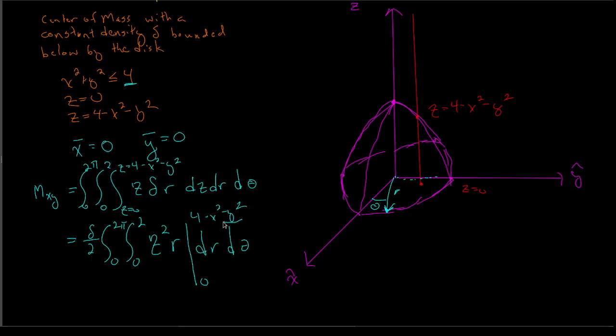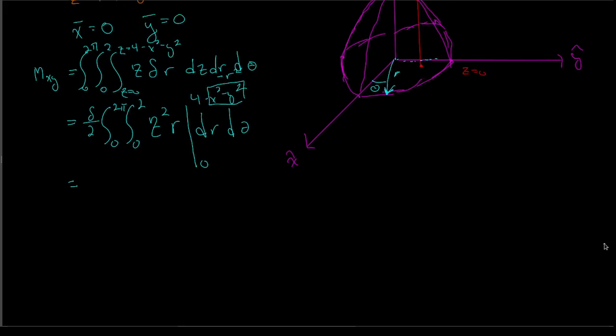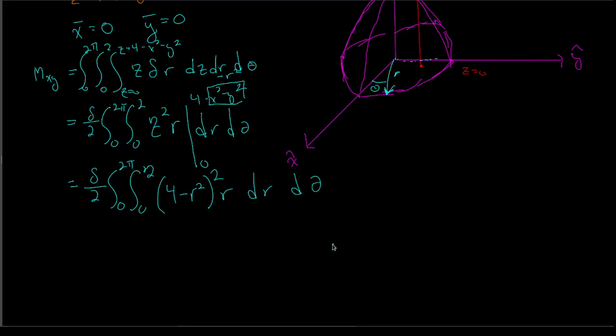But x squared plus y squared is r squared. So this becomes delta divided by 2, 0 to 2 pi, 0 to 2, 4 minus r squared, squared, times r dr d theta.